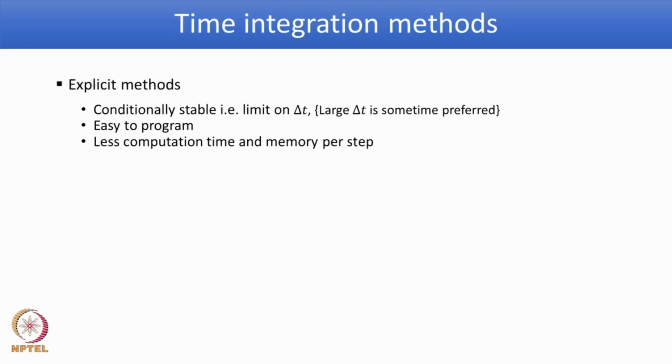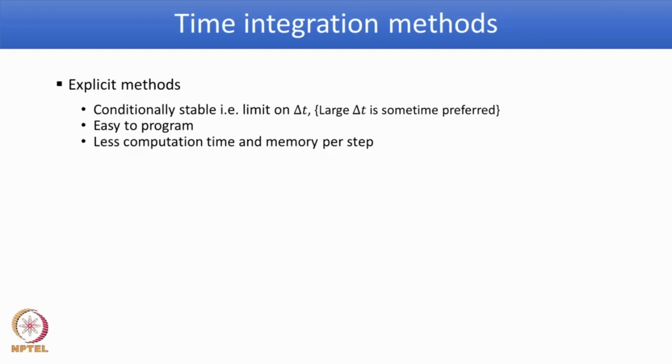Let us look at some details about explicit methods. They are conditionally stable. We already learnt about stability, the von Neumann stability analysis. Hence, all the explicit schemes are conditionally stable. There is a criterion called the CFL criterion, that is, either you have a limit on delta t or you have a limit on delta x. We are dealing with the time integration method, so there is a limit on delta t.